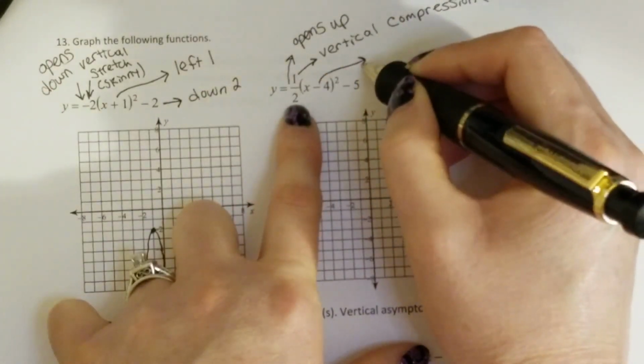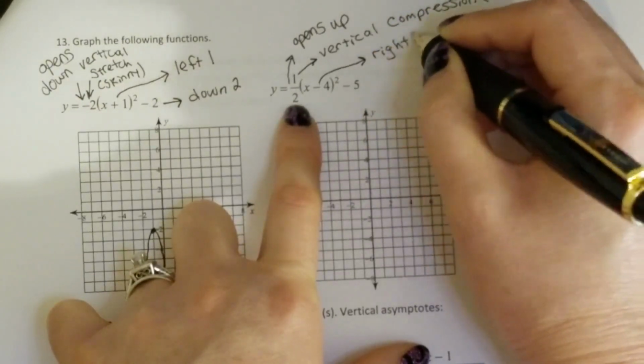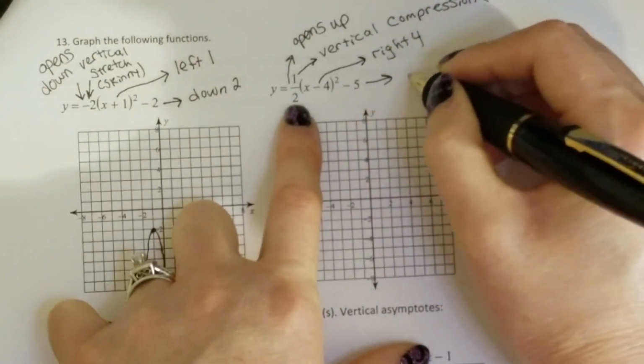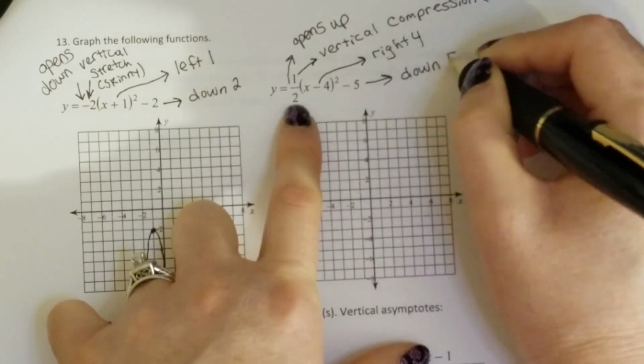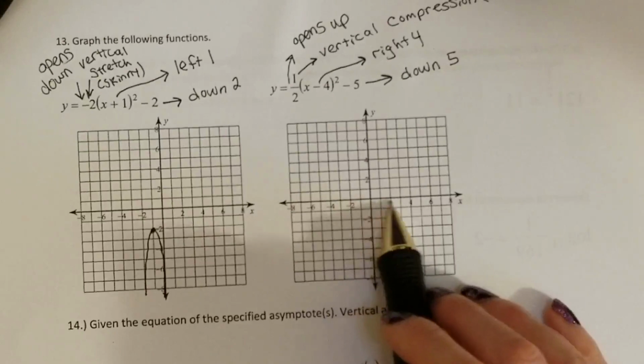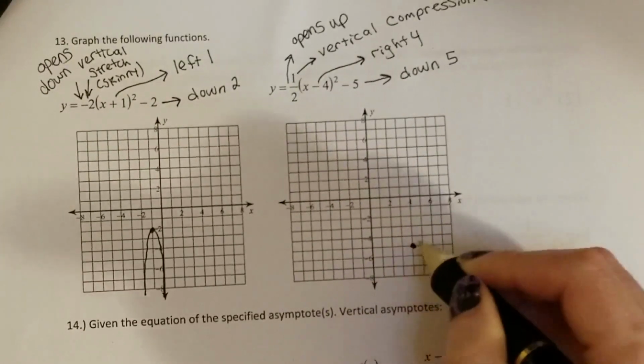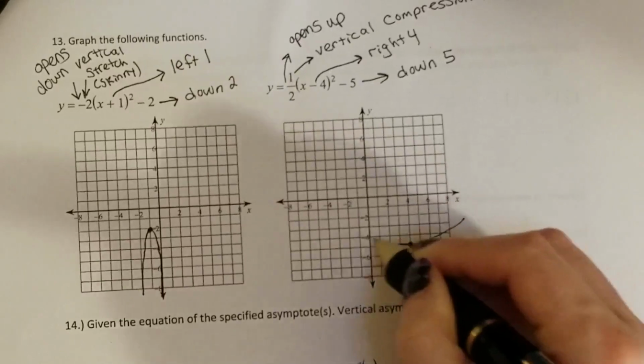X minus 4, it's backwards from the coordinate grid, so we're going to go right 4. And the -5 means we're going to go down 5. So we will go right 4, down 5, put our dot there. You know your graph has to look wide.